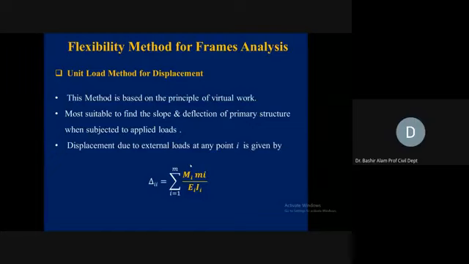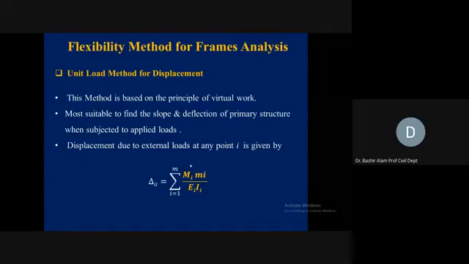Displacement due to external loads at any point i is given by delta i is equal to summation of i is equal to 1 to m, m is the number of members now, M mi, small mi divided by EI, and it's an integral actually. The moment diagram is going to change now, so we need to take summation of the integrals of the product of these m's divided by EI.